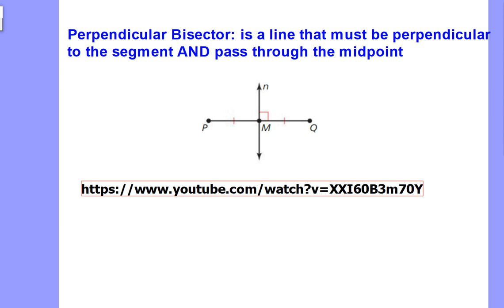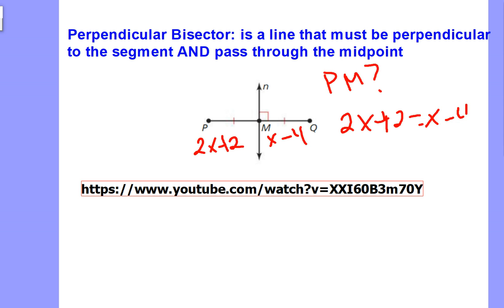Or what if they maybe said, hey, it's a perpendicular bisector, and so if this is 2x plus 2 and this is x minus 4, use what you know about a perpendicular bisector to find the value of x. Or maybe what if they said find the value of PM? Well, since it's a perpendicular bisector, 2x plus 2 would equal x minus 4.